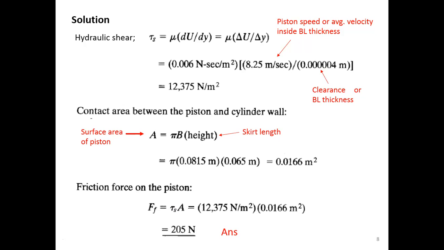Hydraulic gives us a sense that there is a flow, and this flow creates a shear stress. So we have the hydraulic shear stress times the piston surface area, and this becomes the amount of the friction that happens to our pistons and cylinders here.